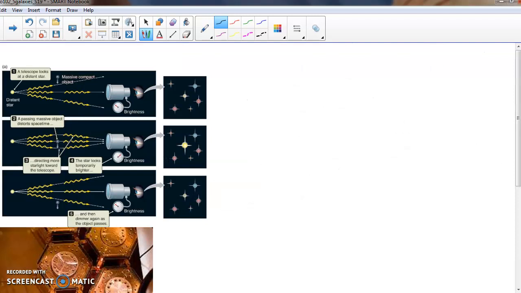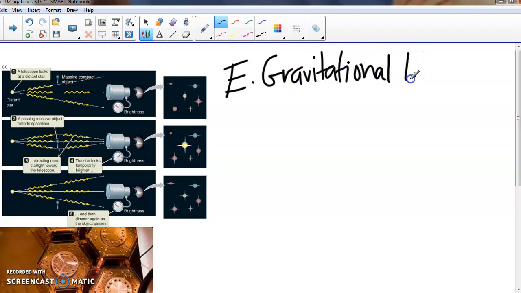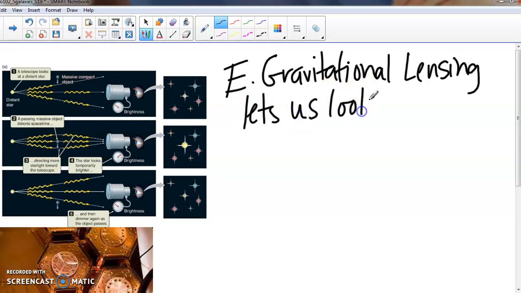So how do we look for these guys? With the MACHOs, we use relativity and this idea of gravitational lensing. Gravitational lensing actually lets us look for those dark places, those black holes and things that are hard for us to see.